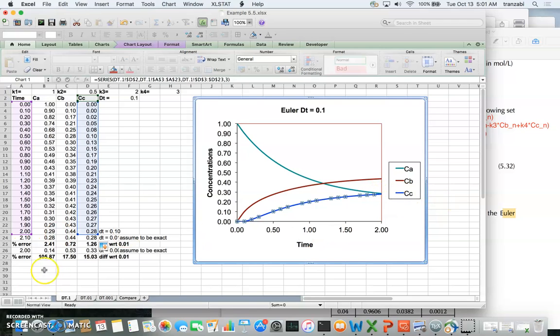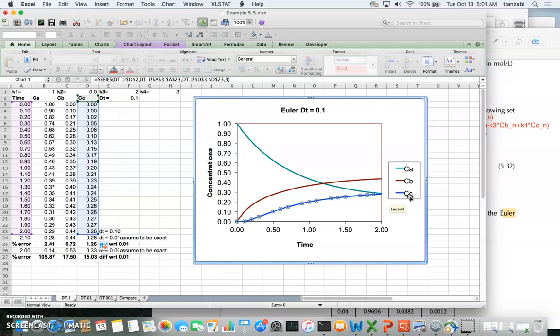Maybe drag this down further to 5 or 10. Then you see that these level out, and that's exactly the equilibrium concentration, after which the concentration doesn't change. So that is the end concentration we get from this reaction.